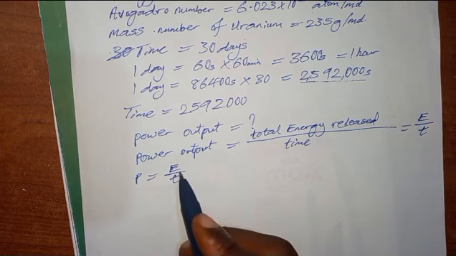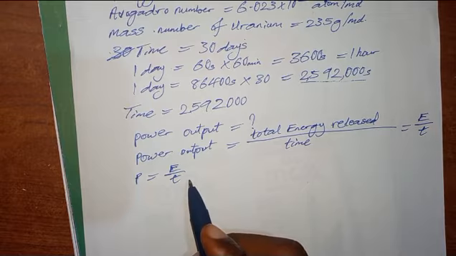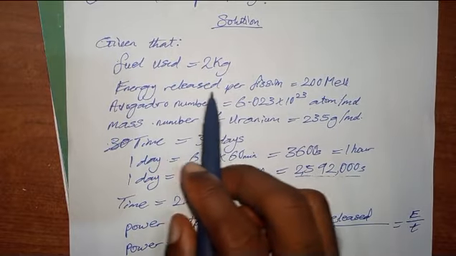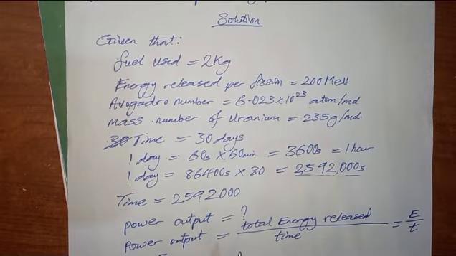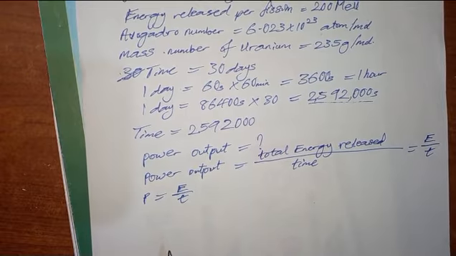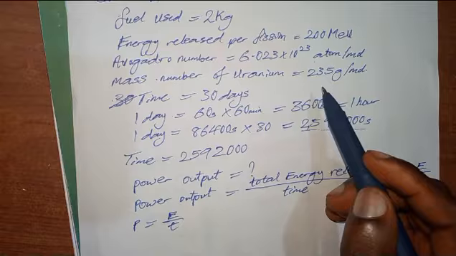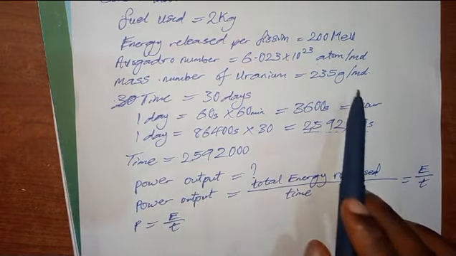Before we can get this total energy released, we have to multiply the number of atoms times the energy released per fission. We need to find the mole first, because we don't have mole here. We have the mass, and we have the mass number of uranium.